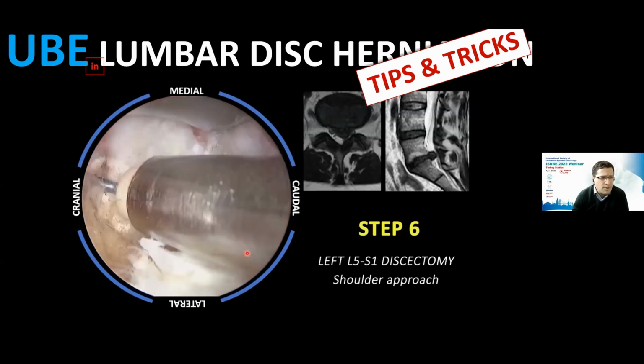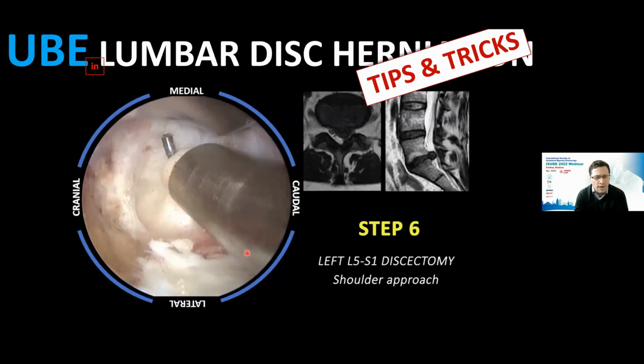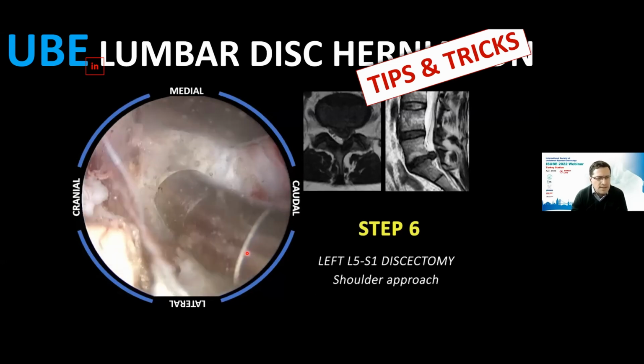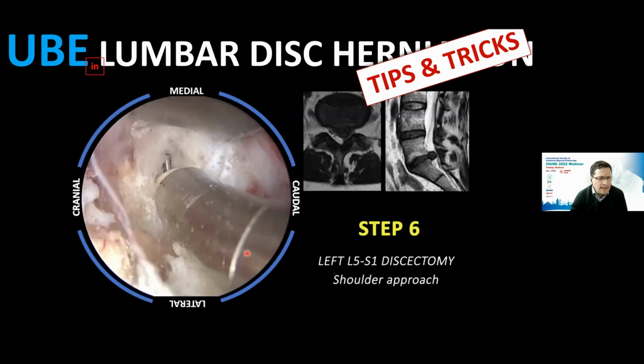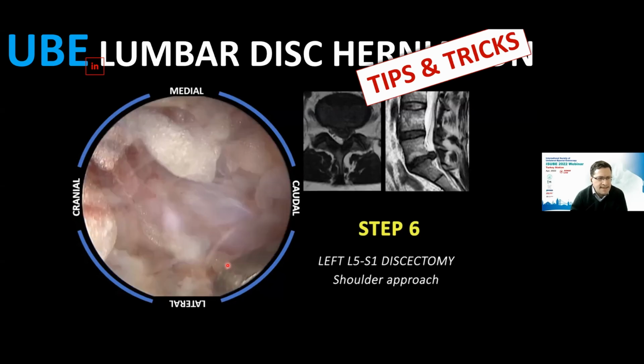It's very, very important to shrink with the radiofrequency probe to reduce the recurrent disc in these patients. We completed with some laminectomy to detach and to see all the S1 root completely decompressed.